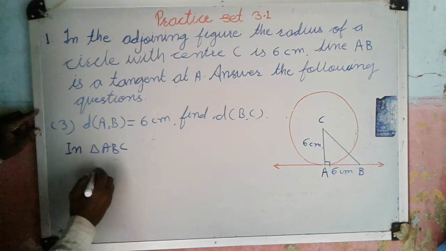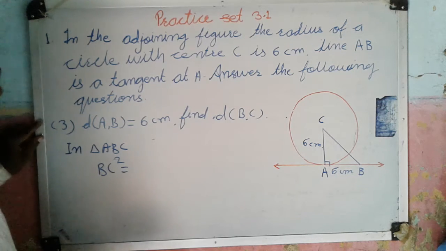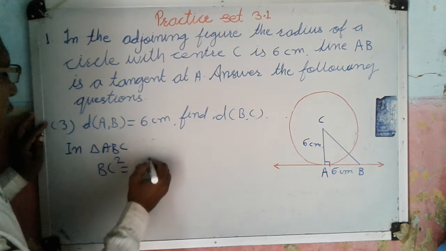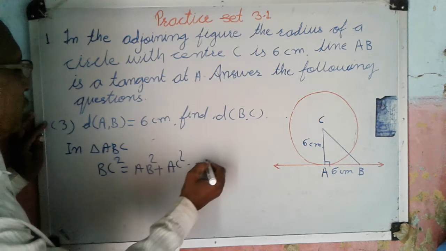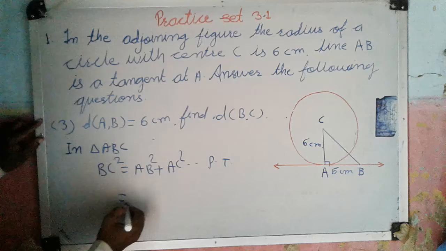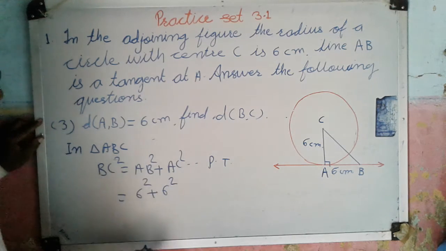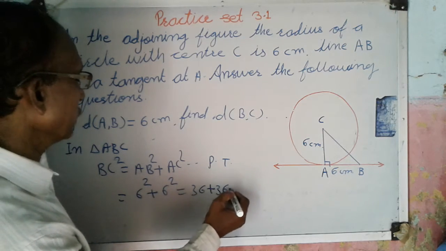BC square, hypotenuse square is equal to the sum of squares of remaining two sides, AB square plus AC square, Pythagoras theorem. That is equal to 6 square plus 6 square. That is equal to 36 plus 36.